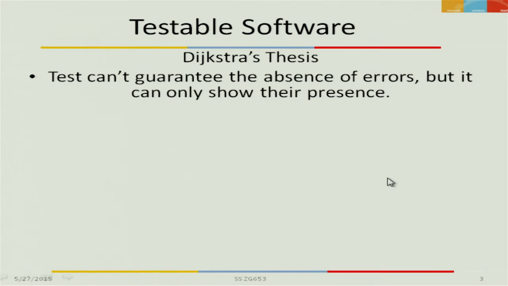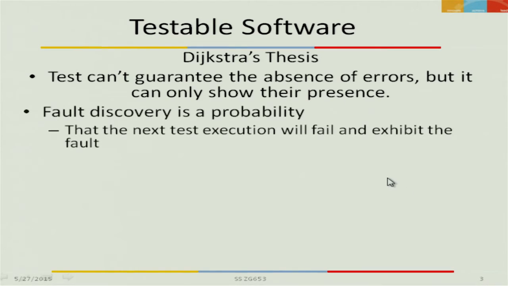It's not possible. What that implies is that discovery of a new fault remains a probability, and we all know that you cannot make the software fault free. So fault discovery is a probability that the next test execution will fail and exhibit the fault. We want the fault discovery to be absolutely deterministic, but unfortunately that is not the case.